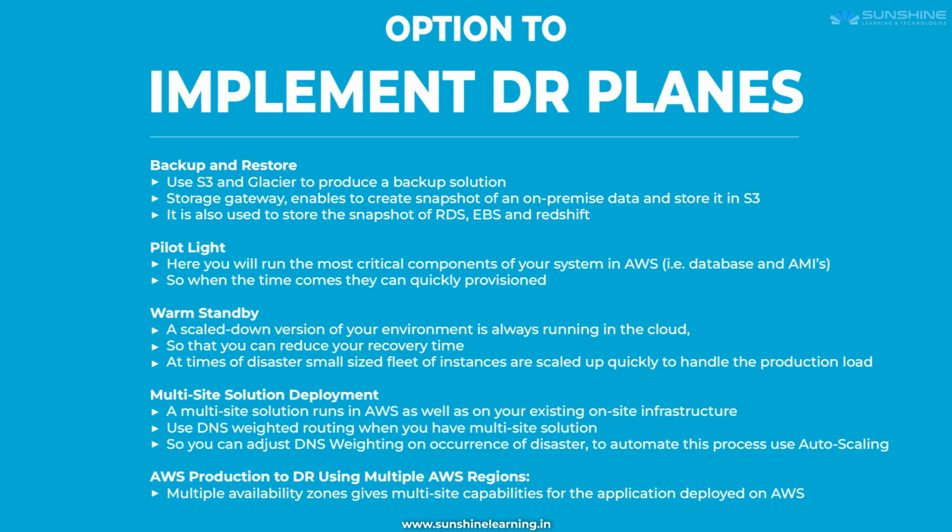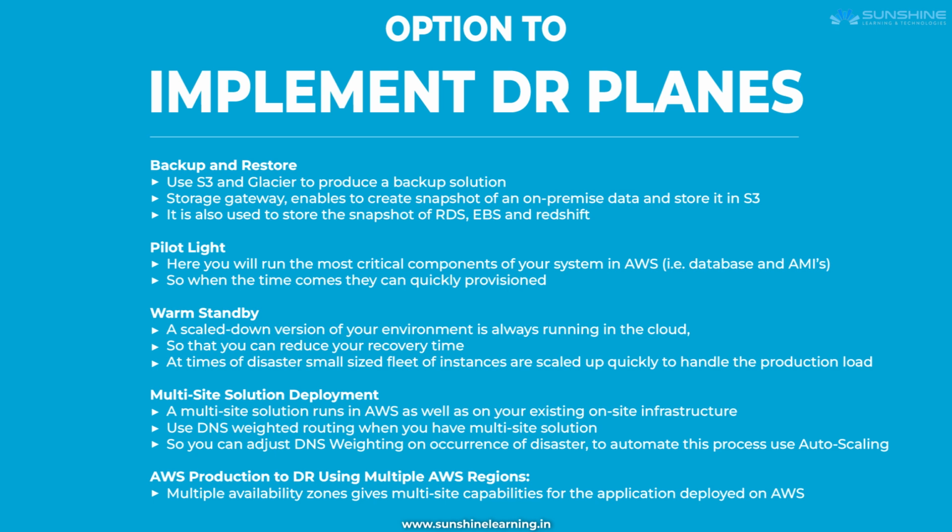In backup and restore, if your entire solution goes down, you use the backups and snapshots of your existing environment kept in S3 and Glacier to quickly develop a new solution. This is one of the cheapest ways of restoring your resources and the solution in case of any kind of disaster.